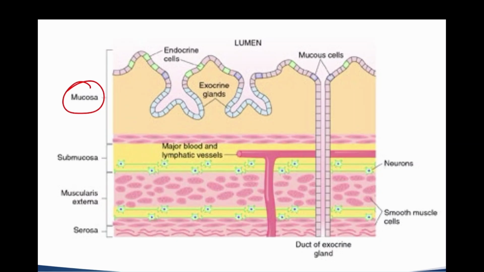Okay, mucosa. It has endocrine cells that are going to secrete things into the bloodstream. It's got exocrine glands, which are going to secrete into the space itself, the hydrogen and the chloride, which combine to make your hydrochloric acid. They're going to be dumped as an exocrine gland.